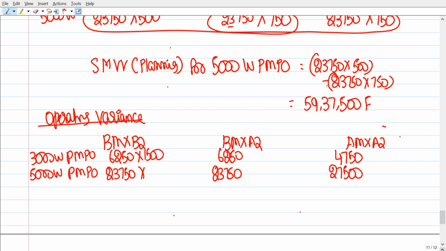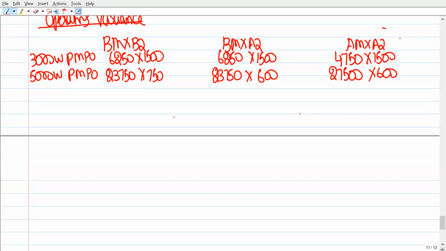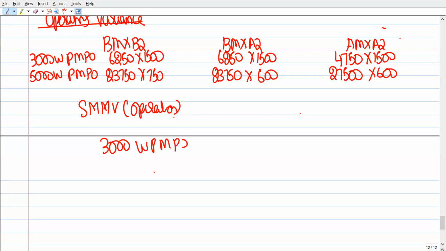1500. Sales margin mix variance, operational, 3000 W PMPO.